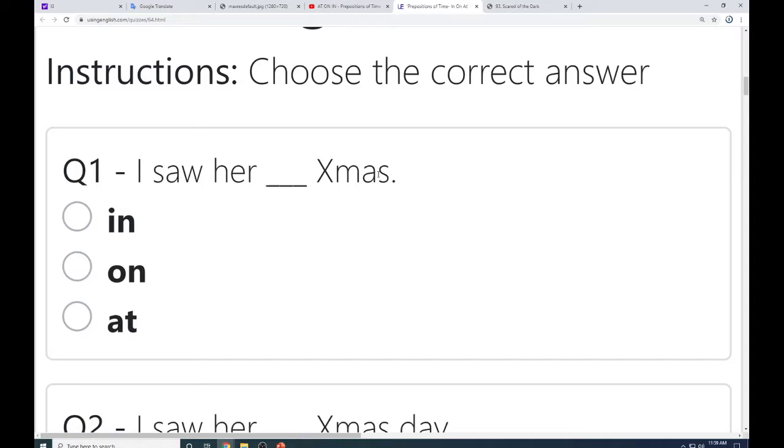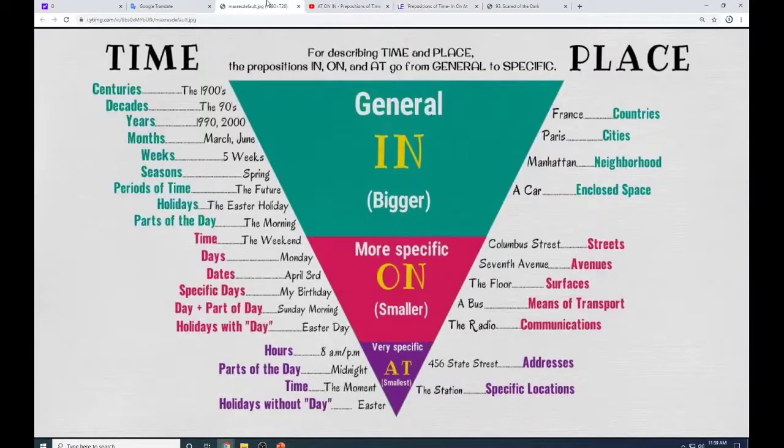Well, do we see the word Christmas Day? No. So it cannot be on Christmas because we do not see the word day. I saw her Christmas Day. All right, Miss Brenda says I saw her in Christmas. So Miss Brenda says in, let's go in.